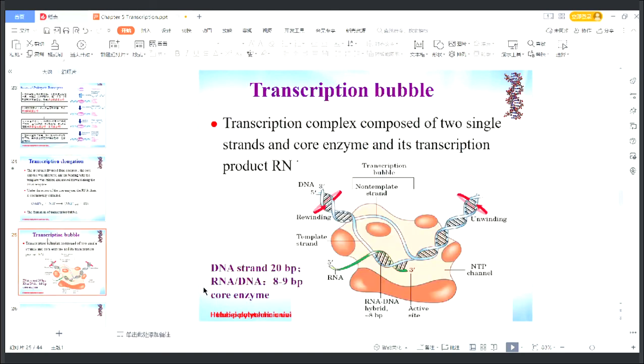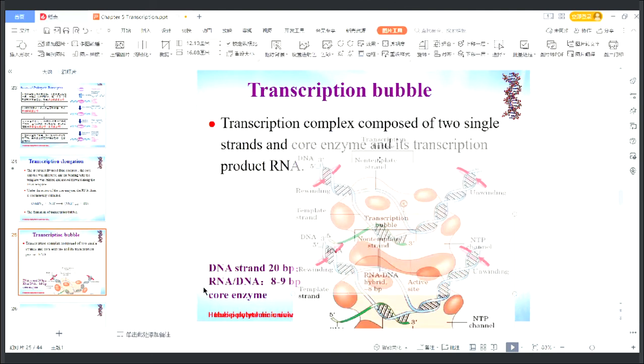And here you can see the transcription bubble. At that time, you can see the core enzyme bonded with the template and forms the RNA. The core enzyme is relaxed, bonded with the template, and forms this complex structure. This is the transcription bubble.